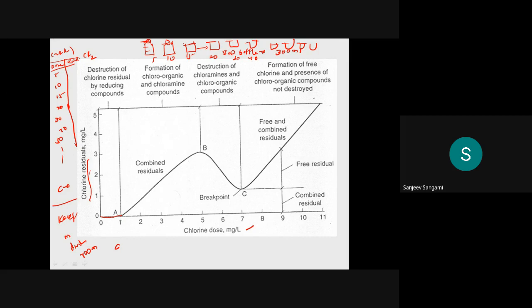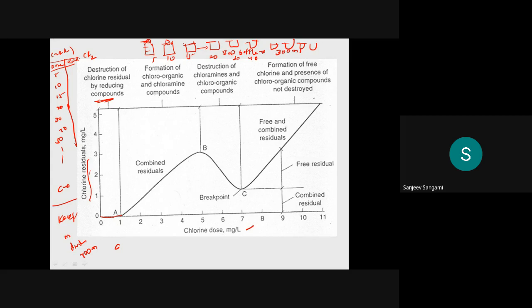Then from A to B, at this stage you can see destruction of chlorine residual by reducing compounds. The reducing compounds means the Fe and all those things.